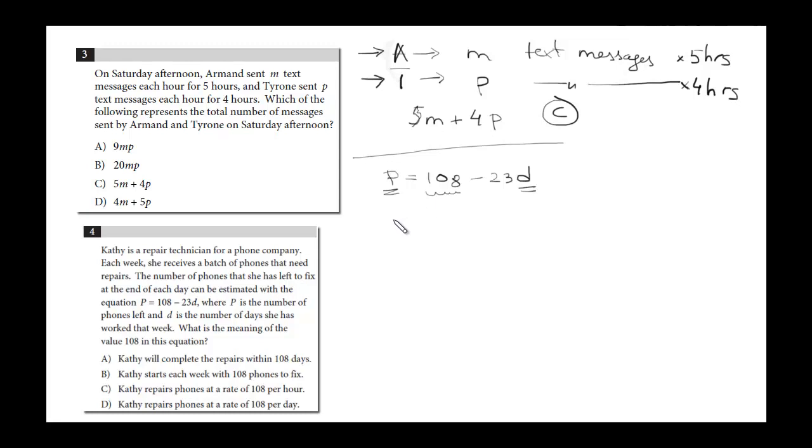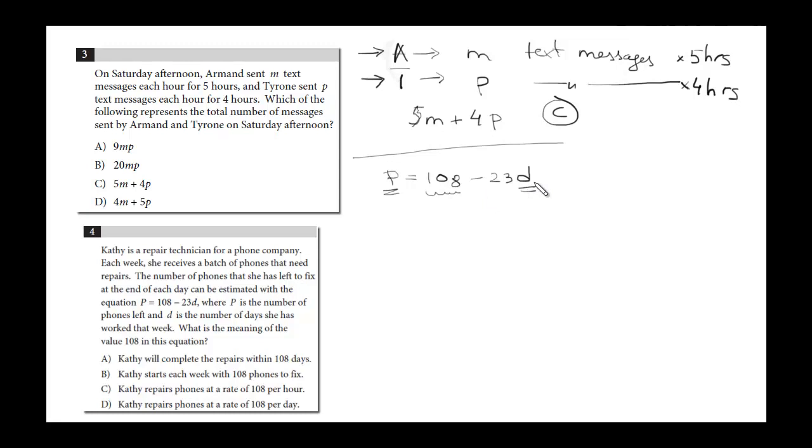So first choice is Katie will complete the repairs within 108 days. Well, can that be the answer? Let's think about when P is equal to 108. Well, P would be 108 when D is 0. And when is D 0?